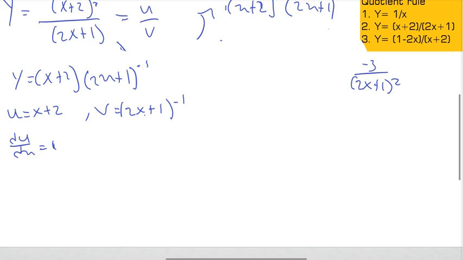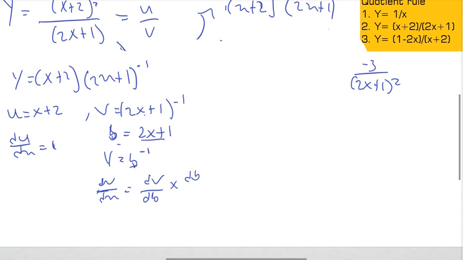Because we have this. So before we find dv dx, we're going to first say that, because we have used u, we're going to say b is equal to 2x plus 1. So that means our v is equal to b raised to the power minus 1. So that means our dv dx will be equal to dv db multiplied by db dx, because if db cancels db, we have dv over dx left, right?